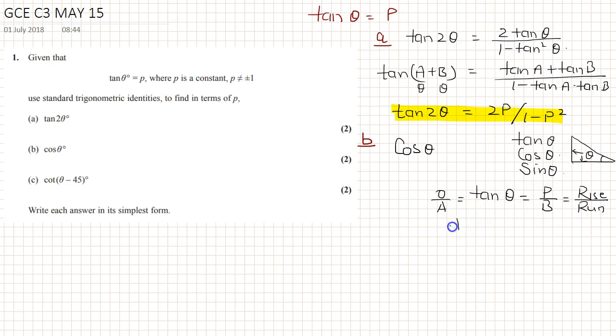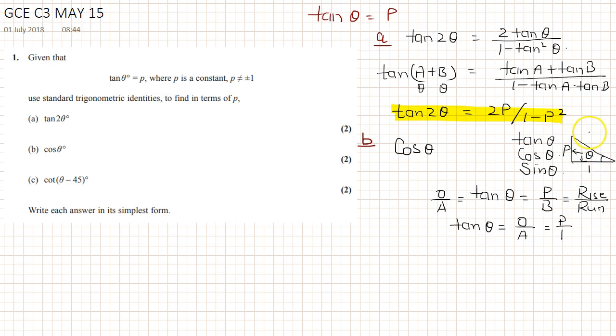So we have here tan theta is equal to opposite over adjacent, and actually tan theta is given P, so it is P over 1. There's no 1 written, but we have to write 1. So we can say this is P and this one is 1.